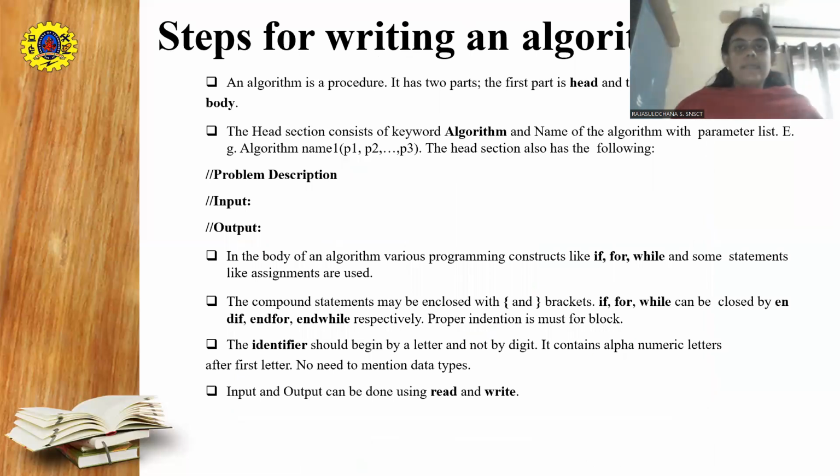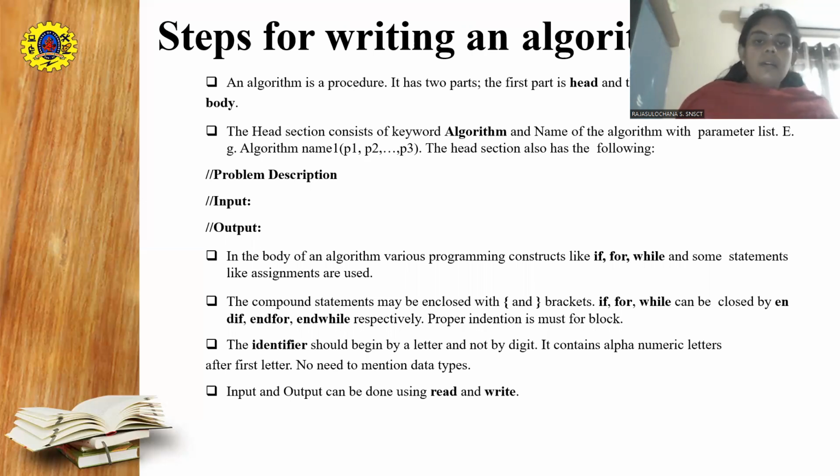So what are the steps for writing an algorithm? As you are aware, the algorithm is a procedure. So the head section consists of the keyword algorithm followed by the algorithm name, and inside the parentheses you specify the parameters, input parameters to be more precise. First you describe the problem, then you specify the range of inputs, and you give an idea of what the output should be like.